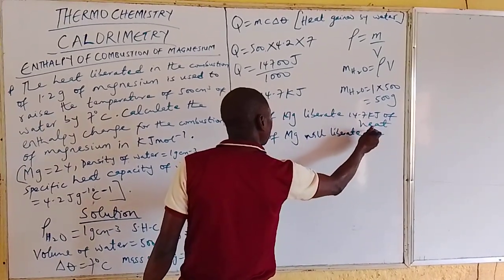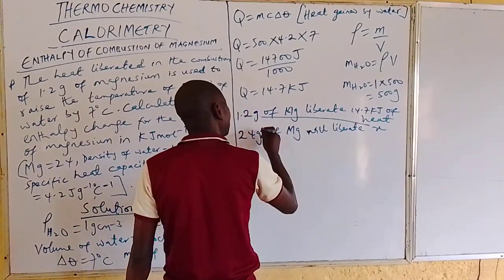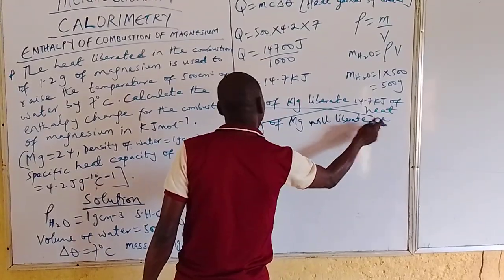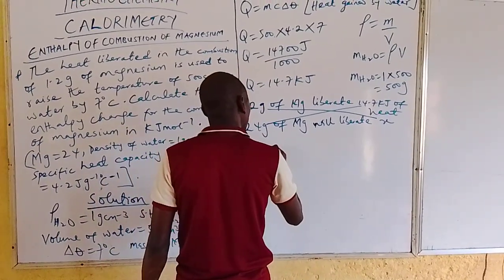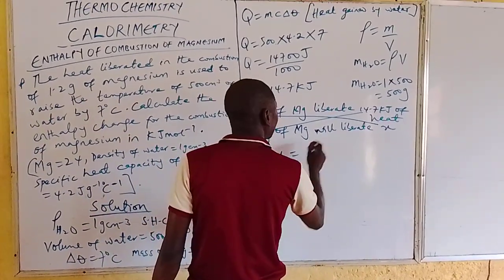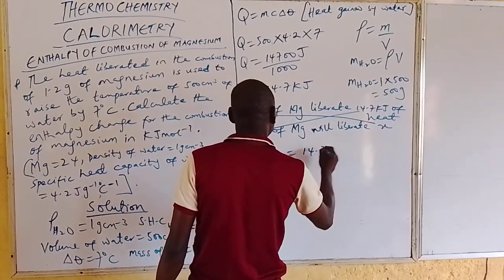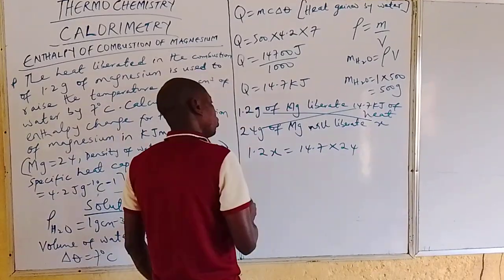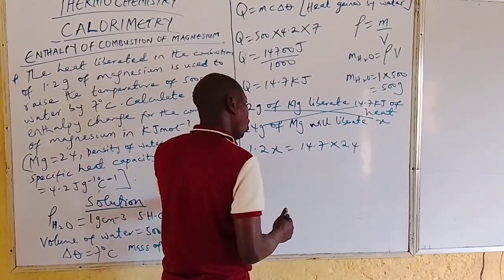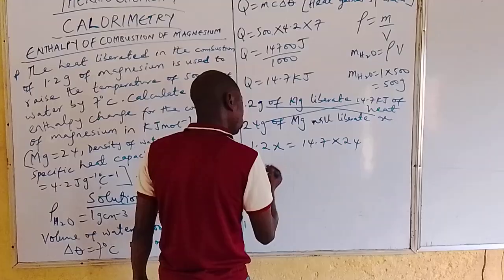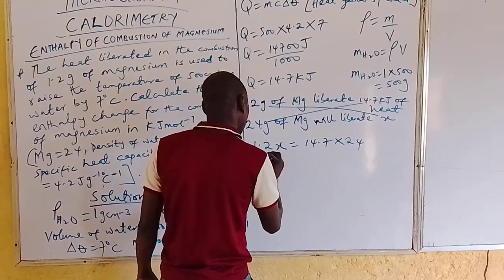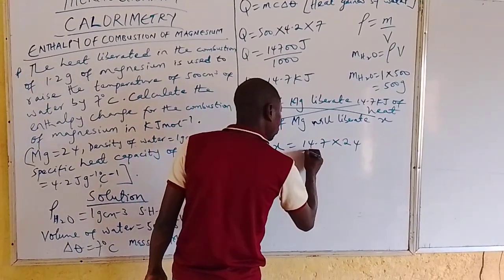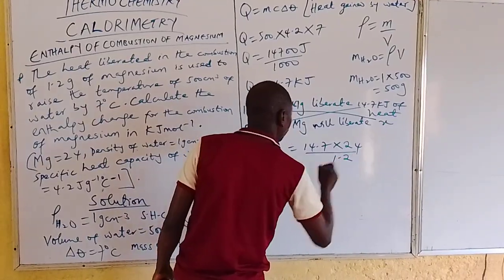So when you cross multiply, 1.2 X is equal to 14.7 times 24. So we make X the subject of the relation. How do we go about that? We divide both sides by 1.2 over 1.2.